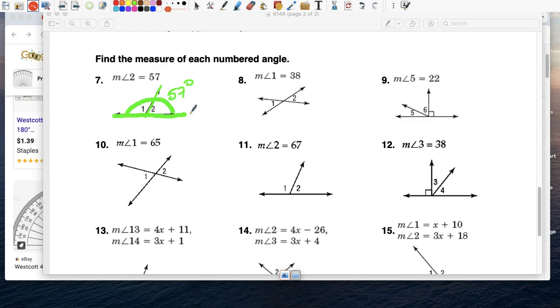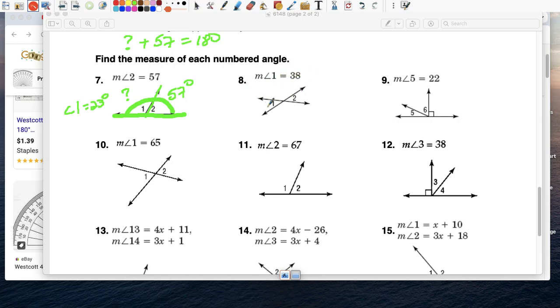Well, if it's a straight line, the angle is 180, so question mark plus 57 equals 180. How do we find the question mark? Subtract 180 minus 57, and we get 23. So this green one, angle 1, would be 23 degrees.